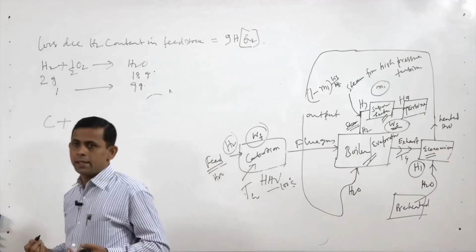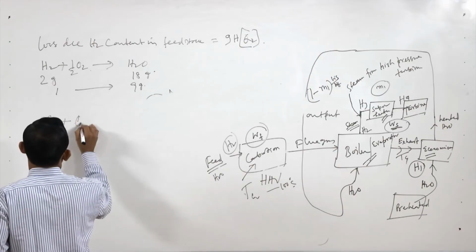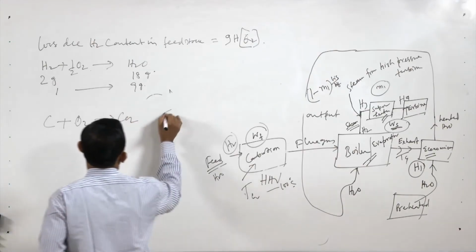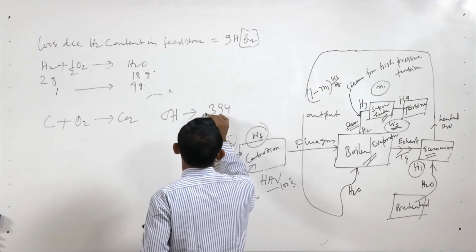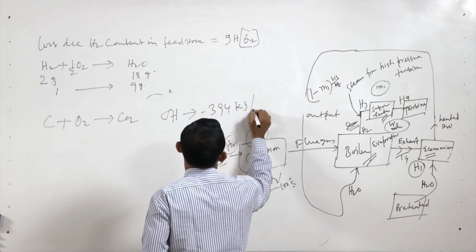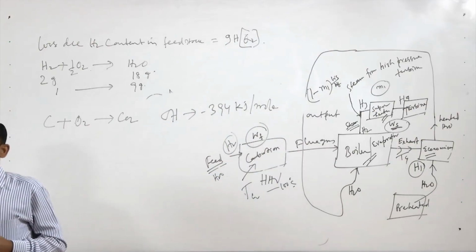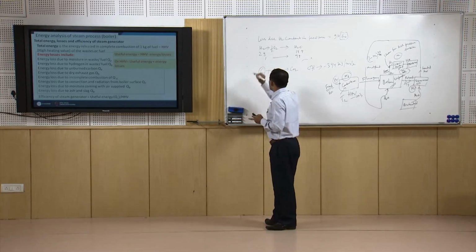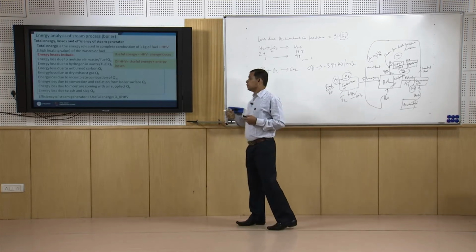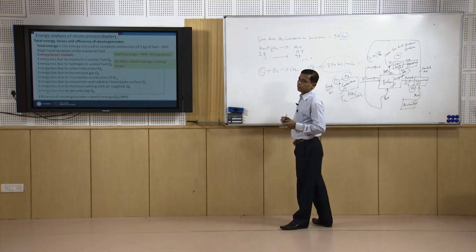In ideal cases, the unburned carbon can react with oxygen and give us CO2. In this case del H is say 394 kilojoule per mole. So, this is the heating value. Depending upon the carbon which is not burned, we will lose some amount of energy, that is our loss.